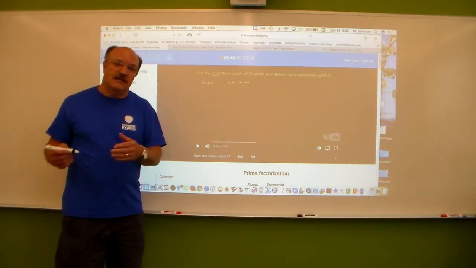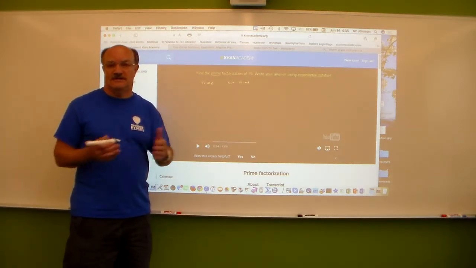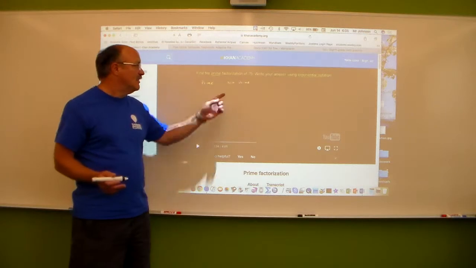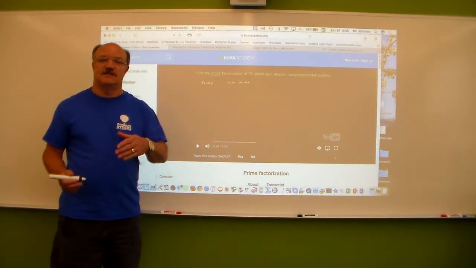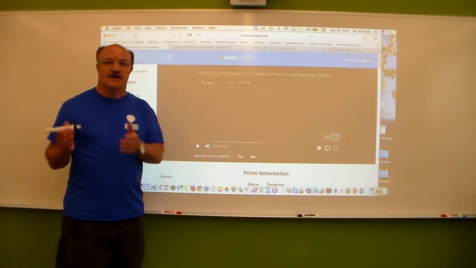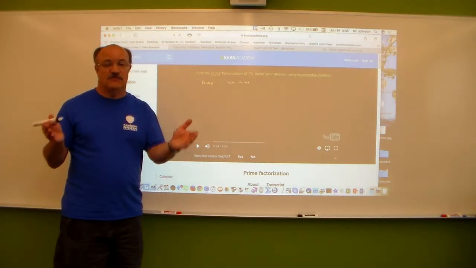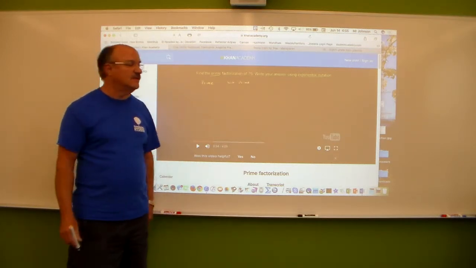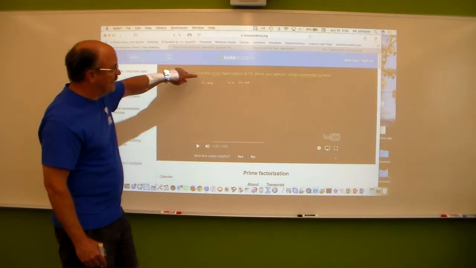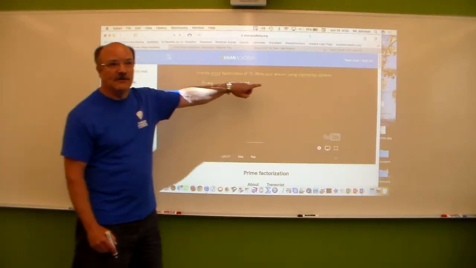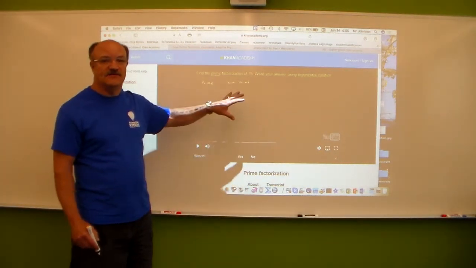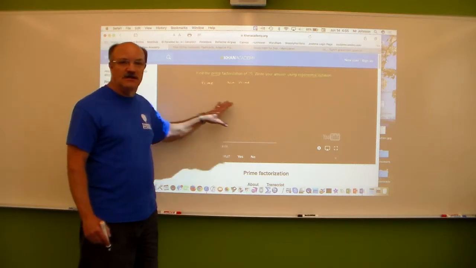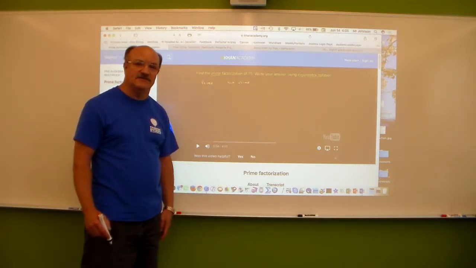So a prime number is any number whose only factors are 1 and itself. So a non-prime number would be something like 6, where you have 1 and 6, but you also have 2 and 3. Okay? So part of this problem is figuring out what a prime number is and bringing it down into its prime factorization so that all the numbers on the bottom will be prime factors.